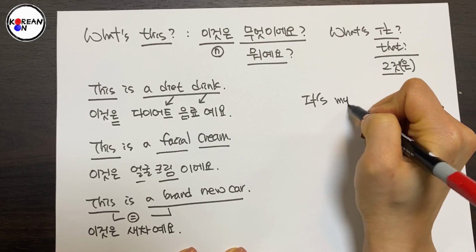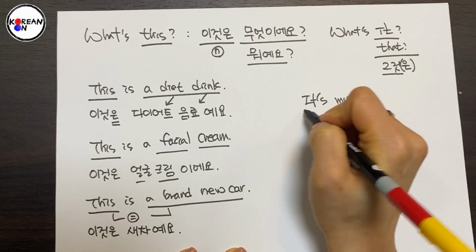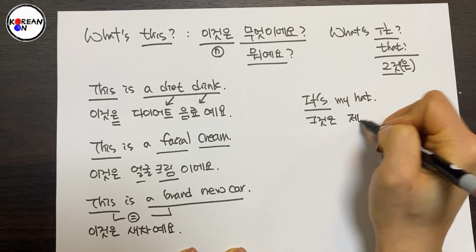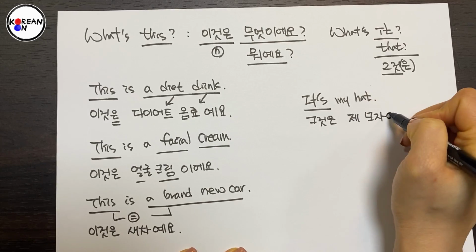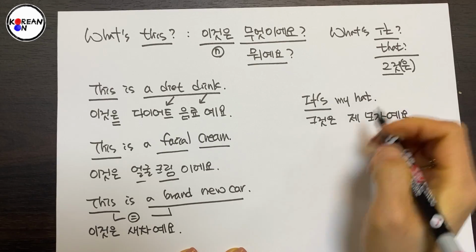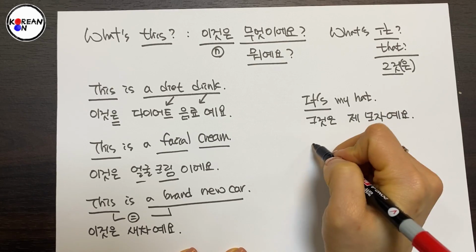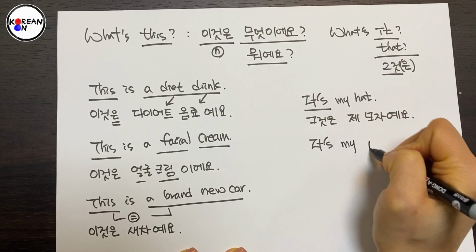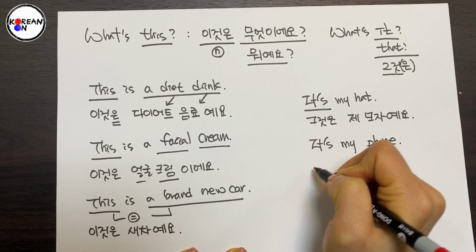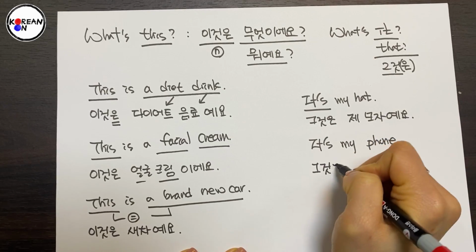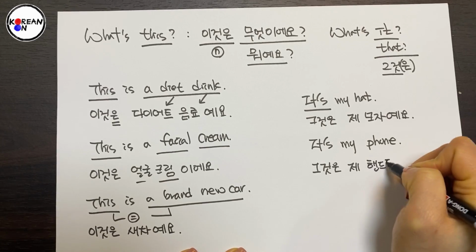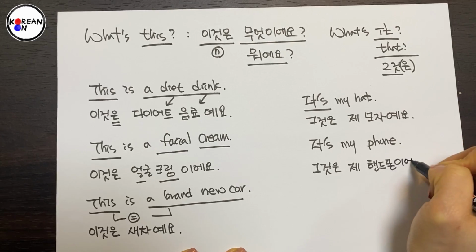It's my hat. 그것은 제 모자예요. That's my phone. 그것은, it's my phone. 그것은 제 핸드폰이에요.